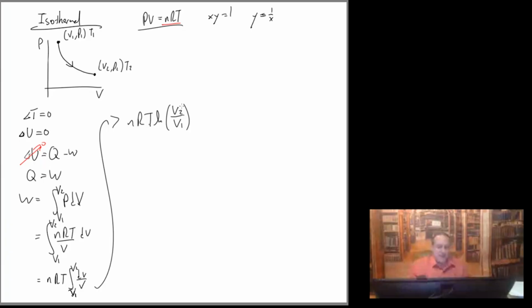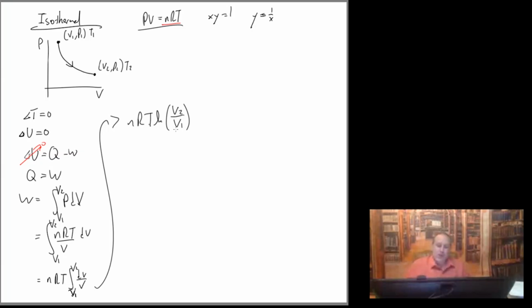In fact, I've probably mentioned this before, but you cannot just have natural log of V2 by itself because V2 has units. You cannot take the natural log of something with units. What's the natural log of a liter? It doesn't make sense. So we really have to have it as a ratio. This V2 over V1 has no units at all.